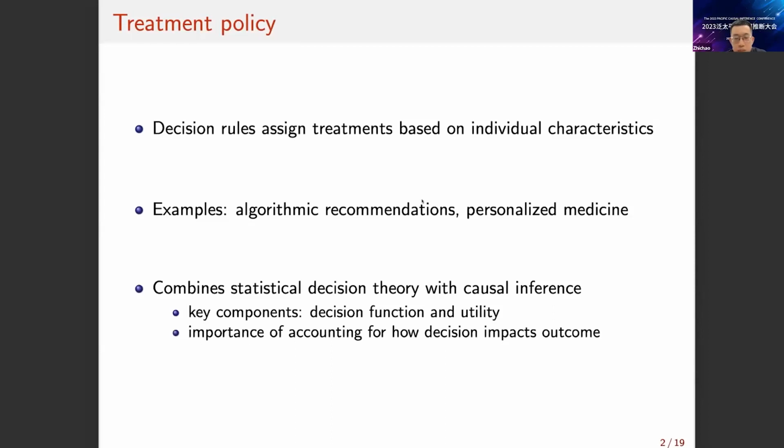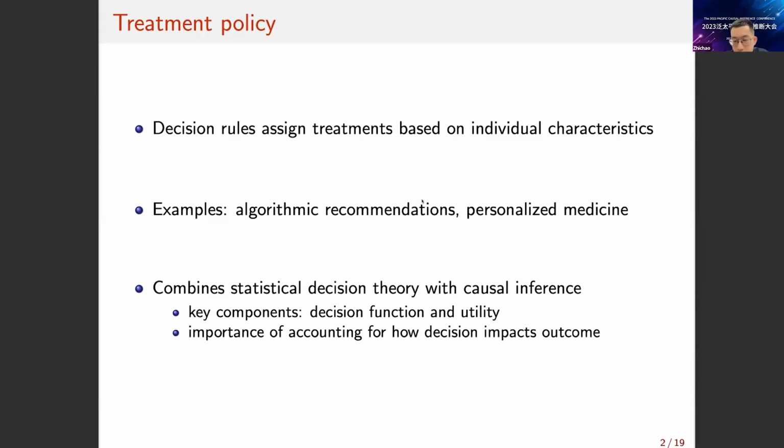To make informed treatment decisions, we often need to combine statistical decision theory with causal inference. Decision theory helps to characterize the treatment decision using the decision function, and the utility can measure the value or benefit of the treatment, allowing us to weigh the risks or benefits of different options.